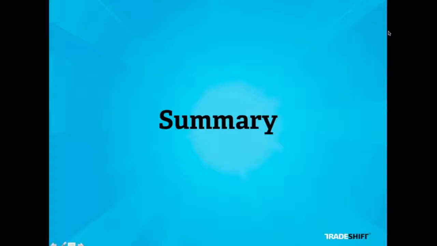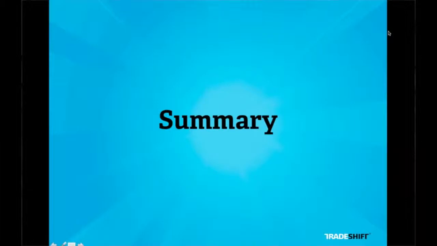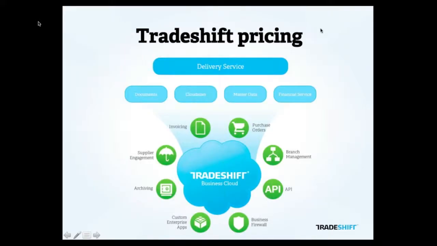So I just wanted to very briefly explain how the pricing model works. Okay, so the way that we price Tradeshift is a subscription fee, and we basically have three layers in the pricing model. So first you would license the platform, which has everything to do with the ability to send out invoicing, do the branch management, all that stuff.